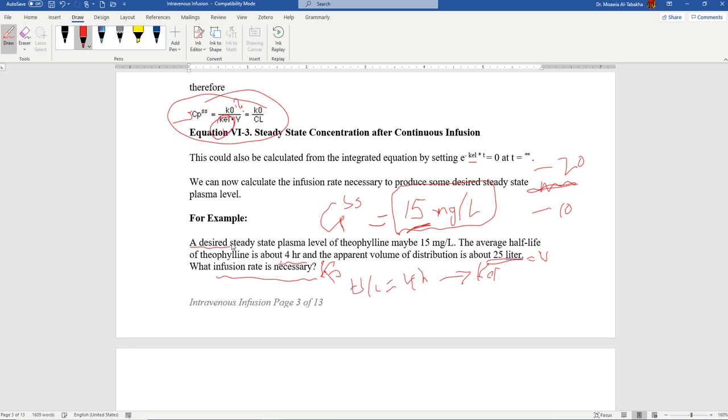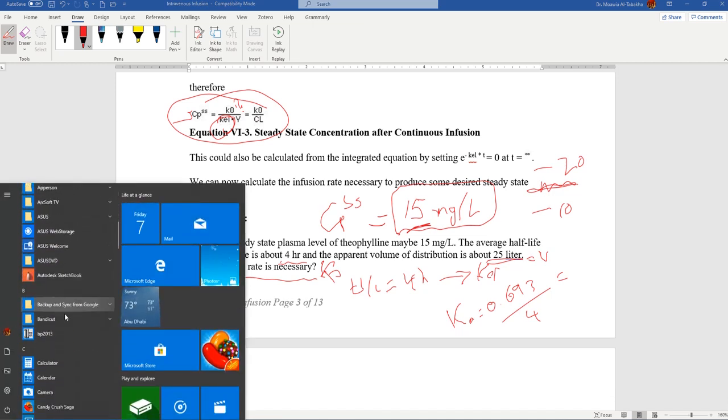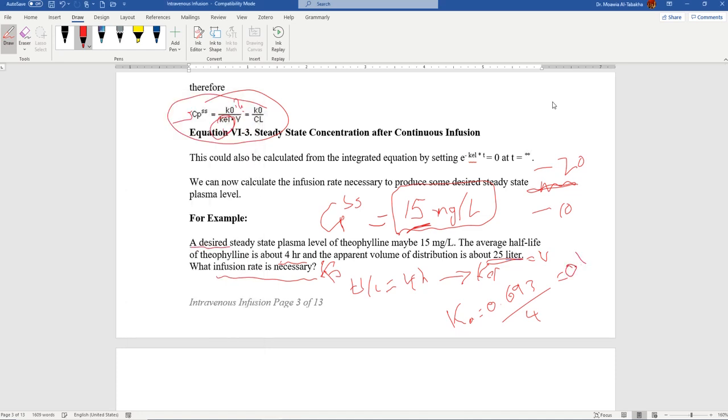KEL you can get from the 4 hours, so you write KEL equals 0.693 divided by the half-life, which is 4 hours, and it's equal to 0.173, I believe.